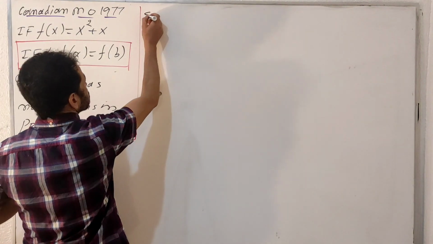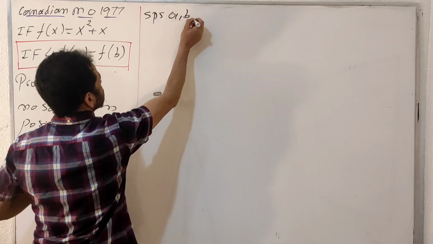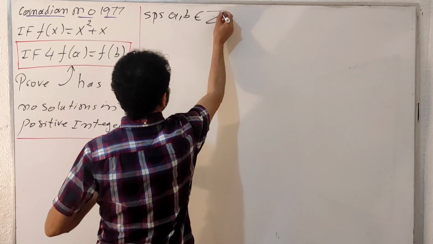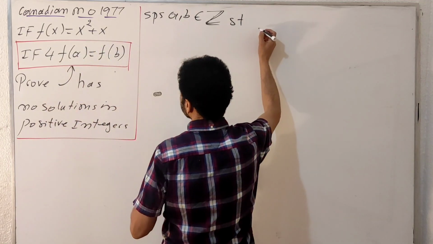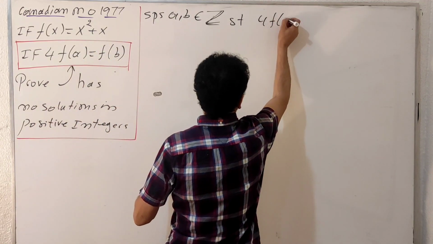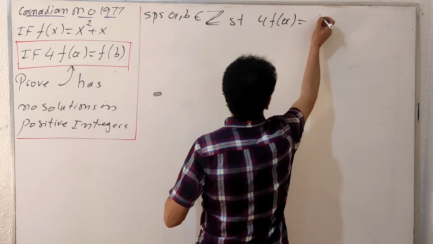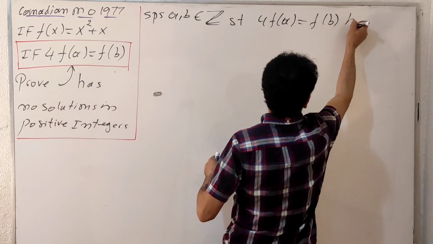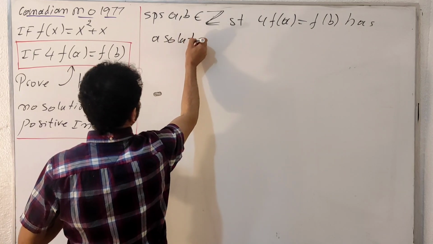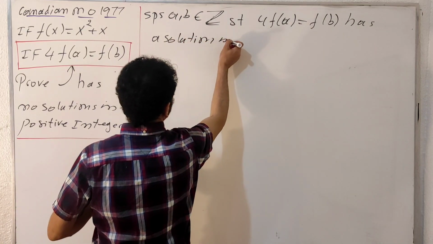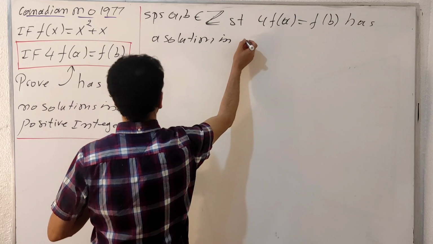Suppose a and b are integers such that the equation 4 times f(a) equals f(b) has a solution in integers.